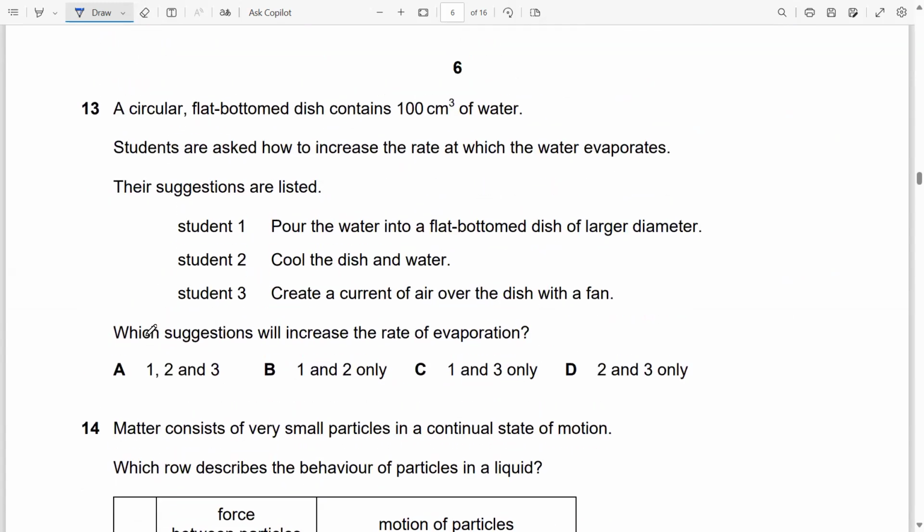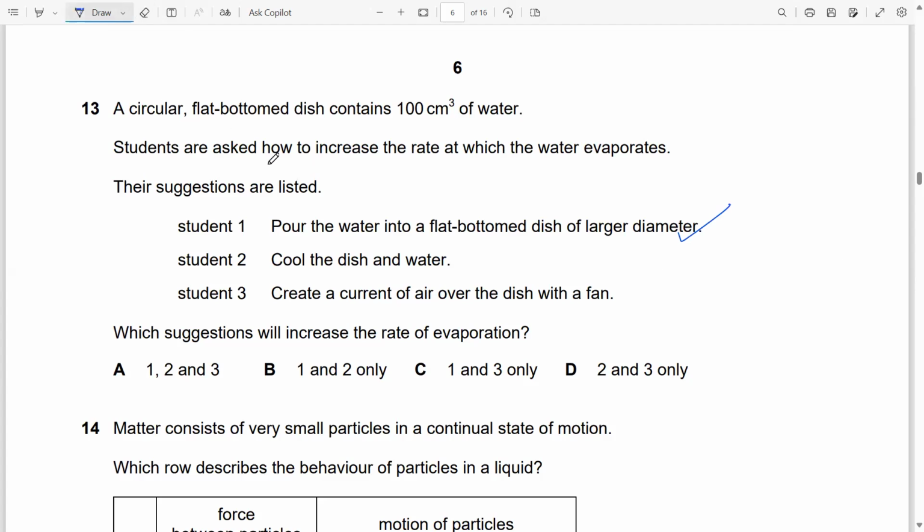Question 13. A circular flat bottom dish contains 100 centimeter cube of water. Students are asked how to increase the rate at which water evaporates. Step one, pour the water into a flat bottom dish of larger diameter. This is correct. With increase in surface area, the rate of evaporation will increase.